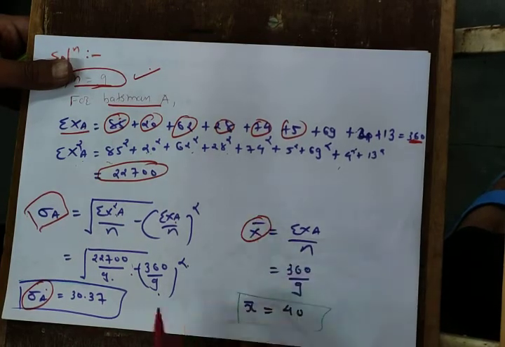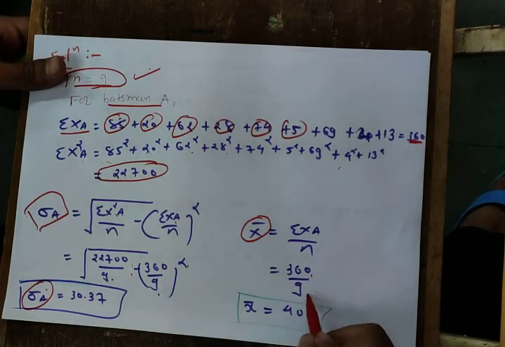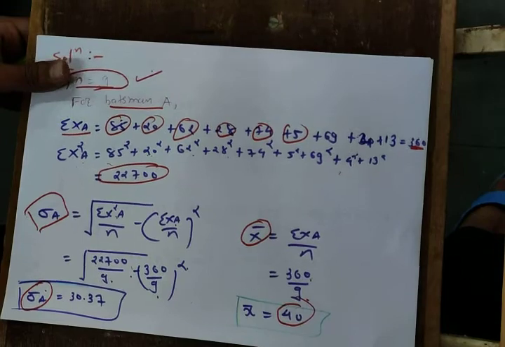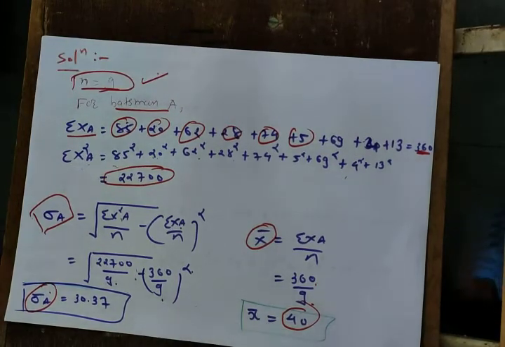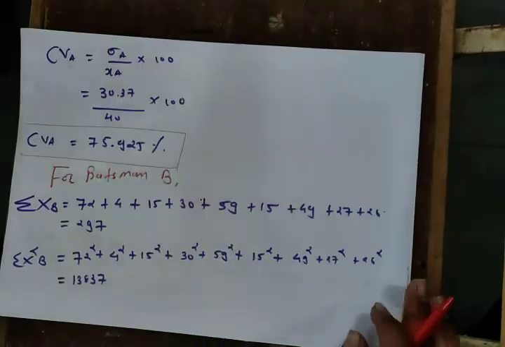Then I will find x bar. For x bar, it is sigma x A upon n, that is 360 upon 9, which is 40.